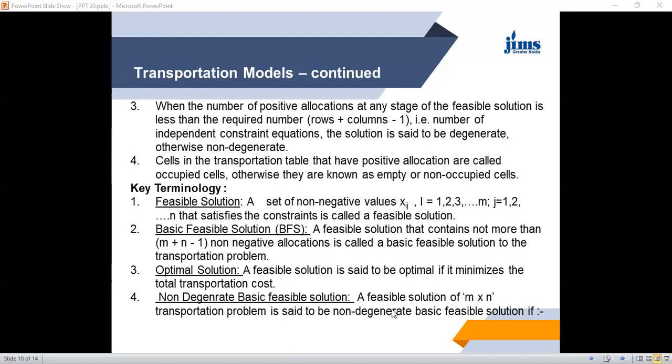And a basic feasible solution is called optimal if it minimizes the cost of transportation.